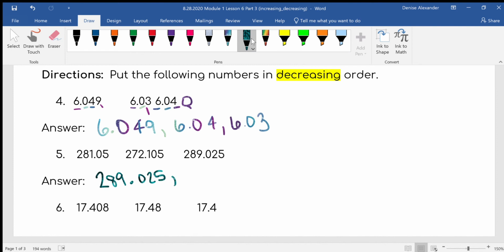What's the next bigger number, 281 or 272? You guys are right. It is 281. So I'd write 281 and 5 hundredths. And then my last one, 272 and 105 thousandths.